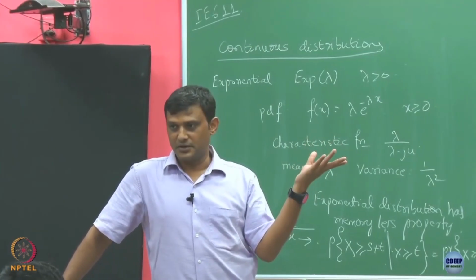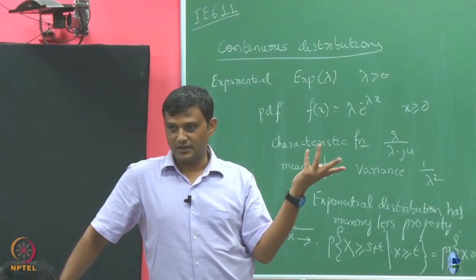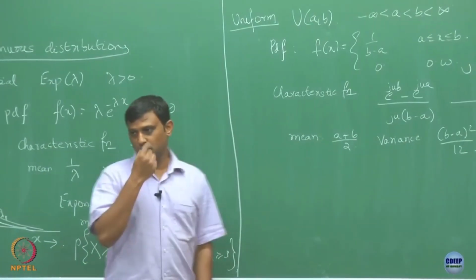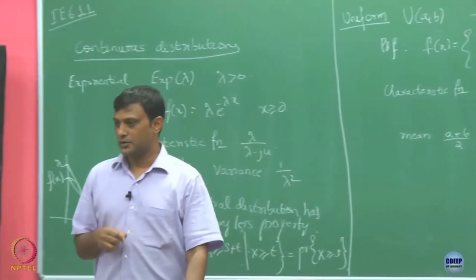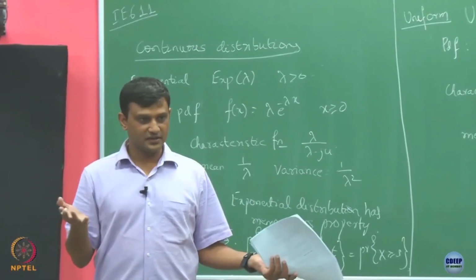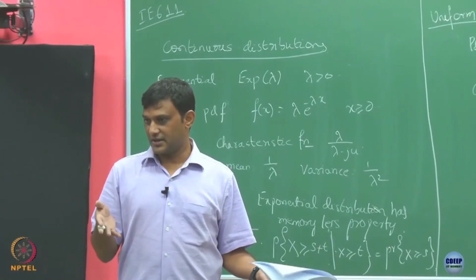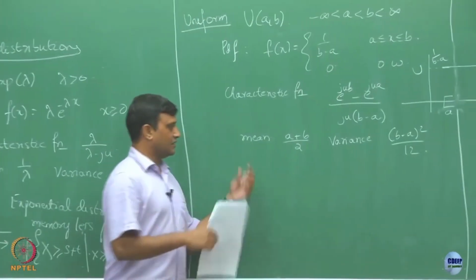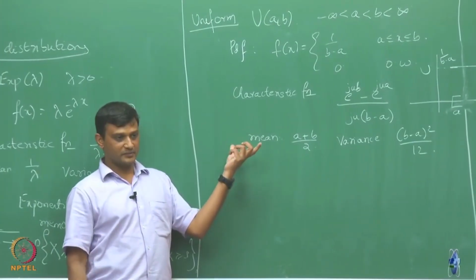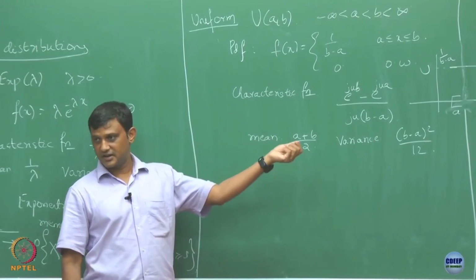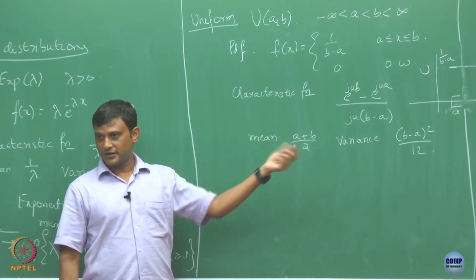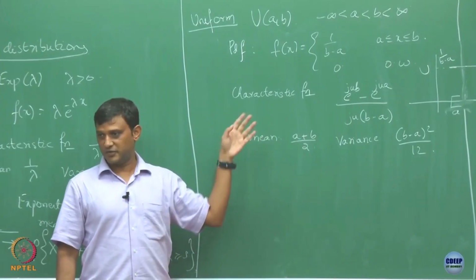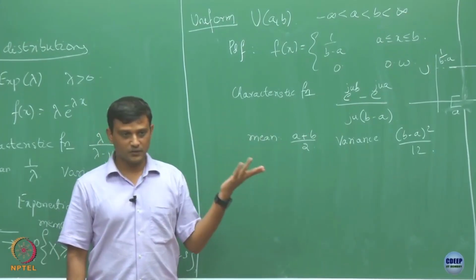Or not necessarily temperature, let us say pressure on something: the amount of pressure that this object can sustain could be uniformly distributed between the two extremes. Some minimum amount of pressure and some maximum amount of pressure, and it can break at any of these amounts of pressure equally likely. So this is one possibility.